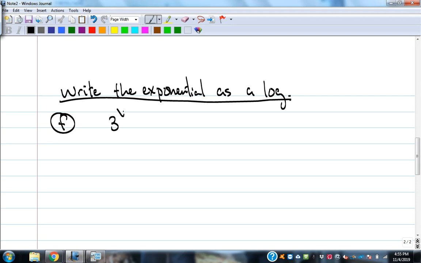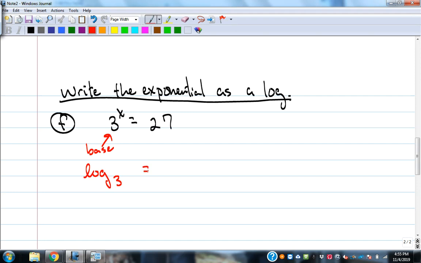Let's say we had 3 to the x is equal to 27. What is the base of that equation? Remember, what's a base when we're talking about exponents? The base is the number that has the exponent on it. So what has the exponent on it in this equation? The 3. So that's our base, and that tells us you need to use log base 3.